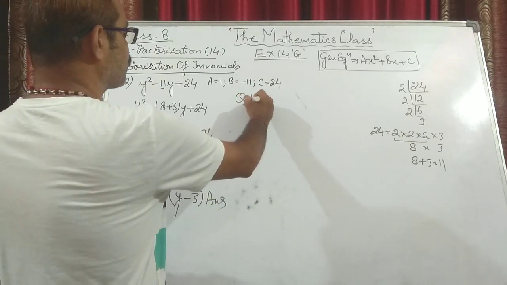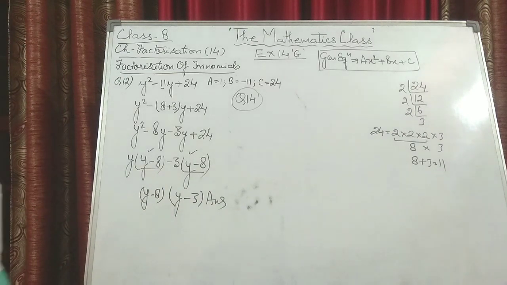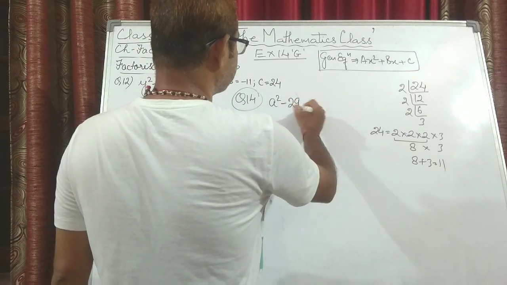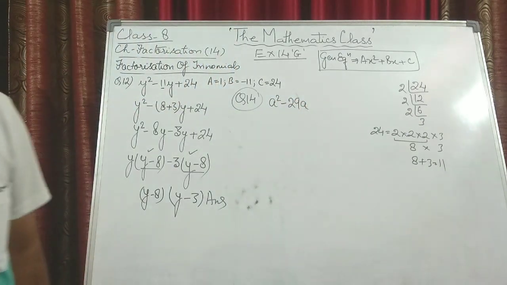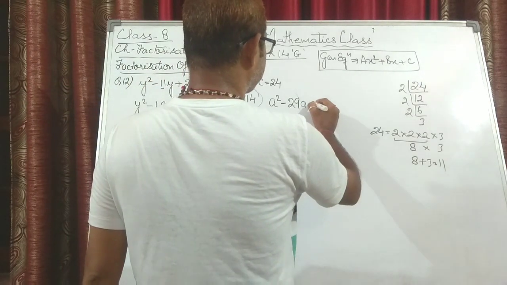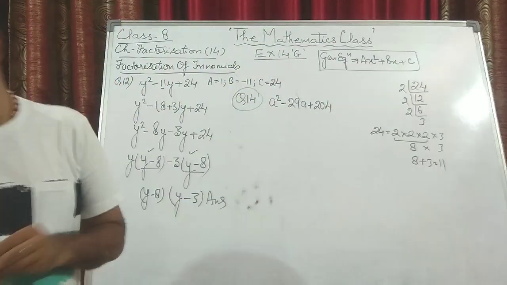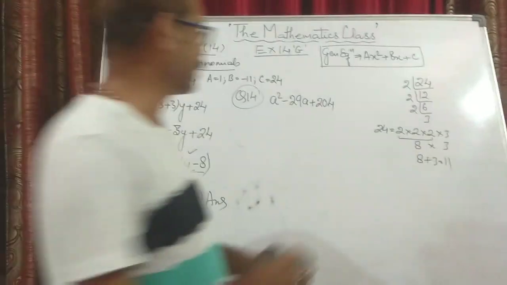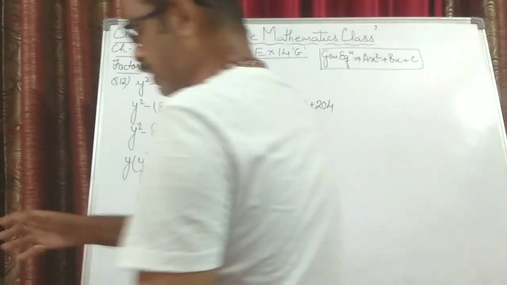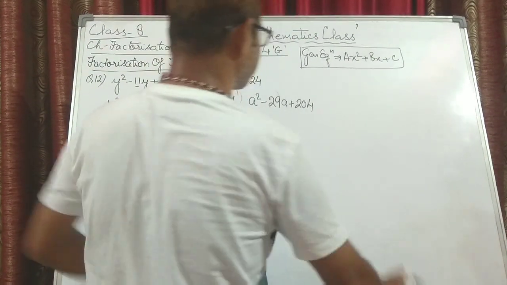Now let's move on to question number 14. What is there in question number 14? A square minus 29a plus 204. Now in this what we will do, we have to find the factors of 204, and then we will arrange them so that we get minus 29.